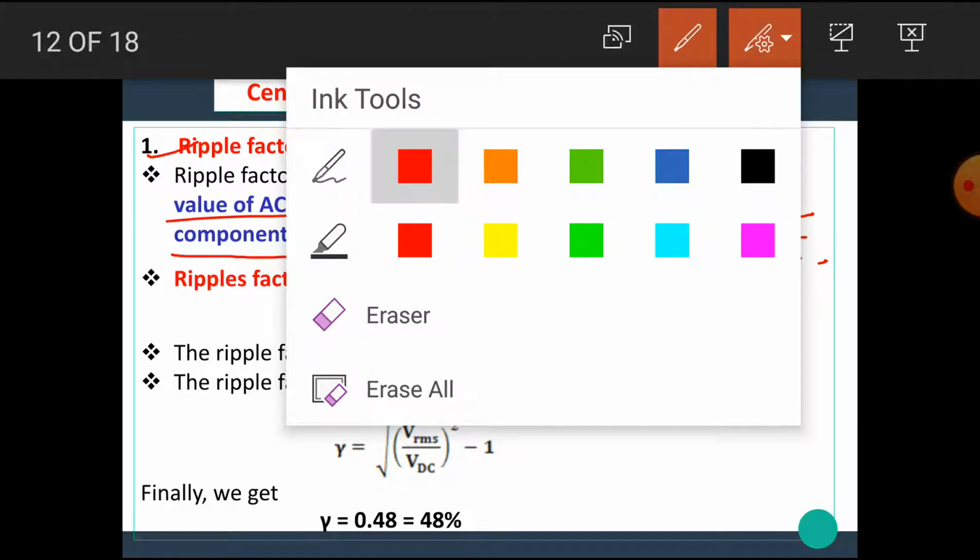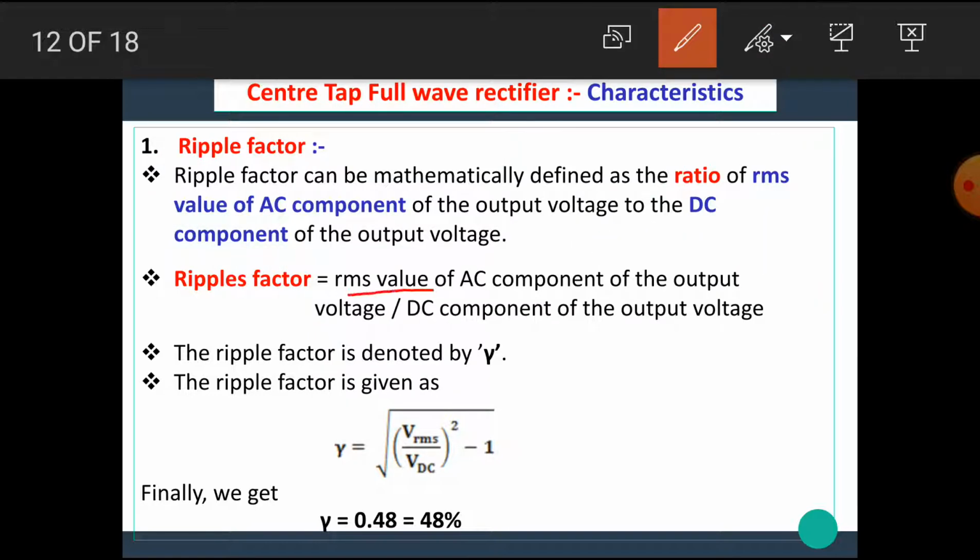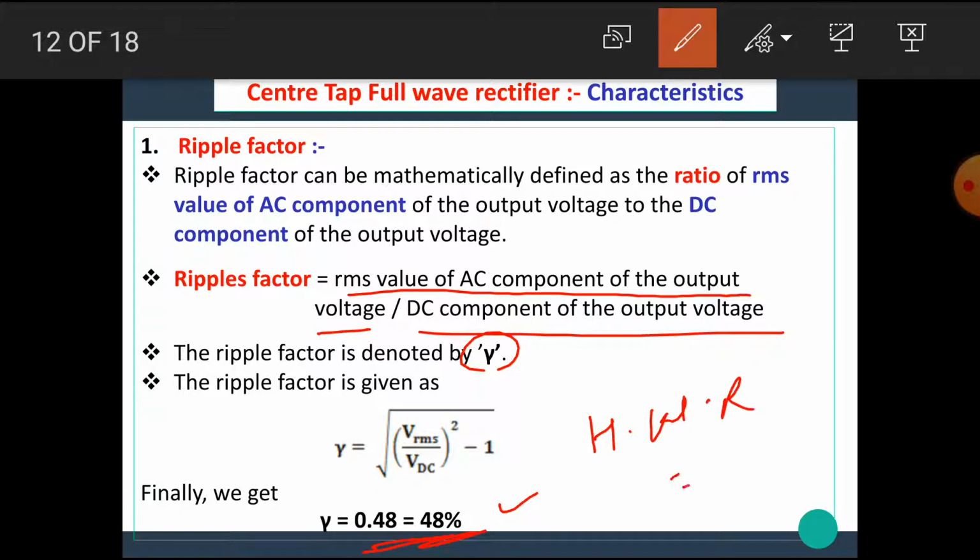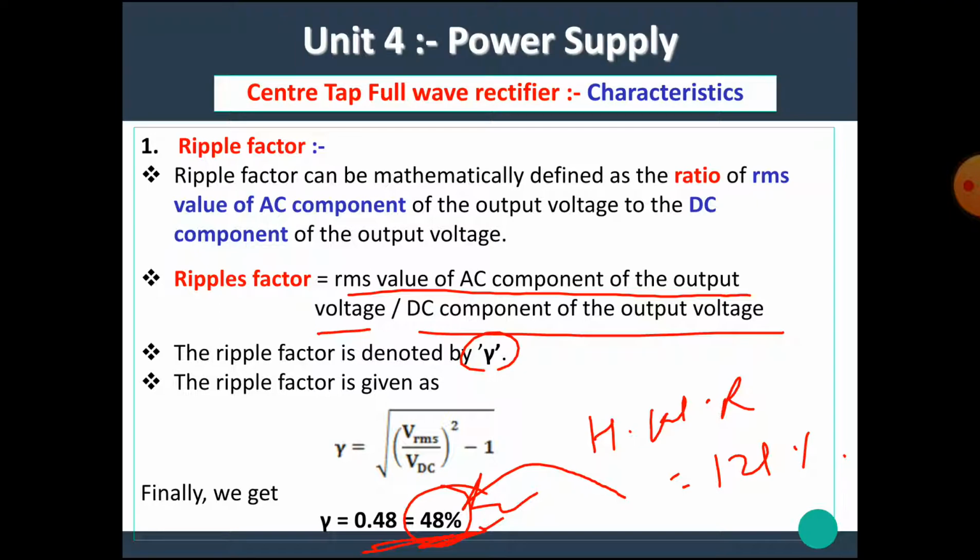The ripple factor is denoted by gamma and its value is 0.48, that means 48%. The ripple factor for half wave rectifier has a very large value, 121%, and these ripples are greatly reduced in the full wave rectifier to 48% only.